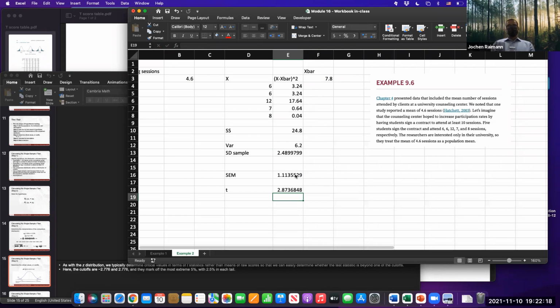That's our t. Okay. So the $1 million question is now, is that significant or not? So how do we know if it's significant? You've been in my class for 3 months and now you really ask me that question? Okay, good. So how do we determine a critical value?